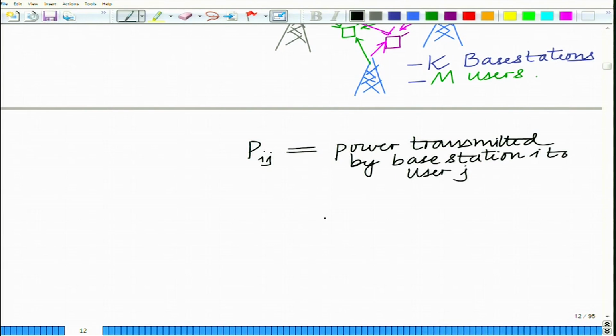Okay, and we will denote by Hij the fading channel coefficient.